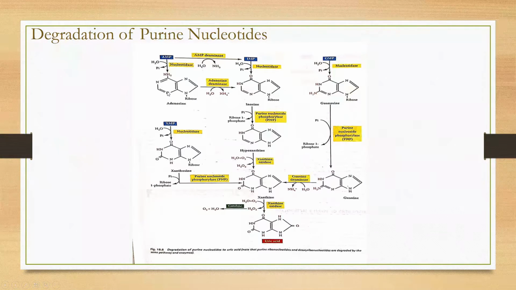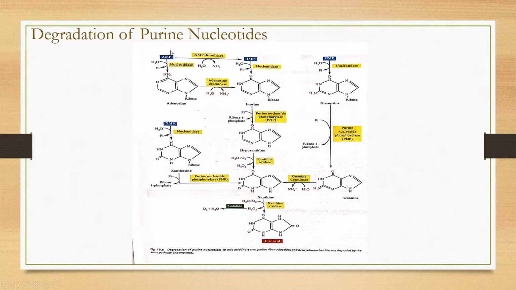AMP and adenosine are deaminated by AMP deaminase and adenosine deaminase to IMP, inosine monophosphate, and inosine.